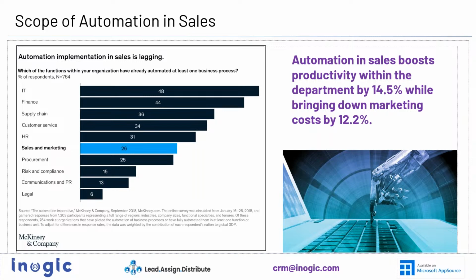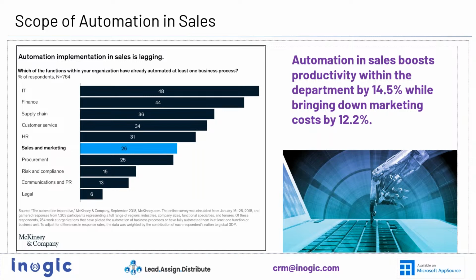Automation truly has the potential to provide these double benefits. Now, the next step is to identify whether we can automate the sales process, and if yes, the bigger question, how? Well, the answer to both these questions is our solution, the lead assignment and distribution automation. A simple way to manage all the inbound leads within the Dynamics 365 CRM.